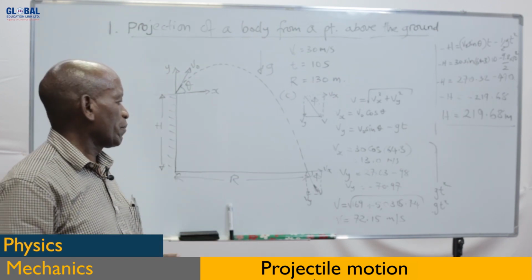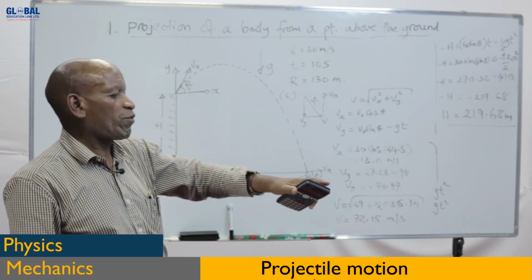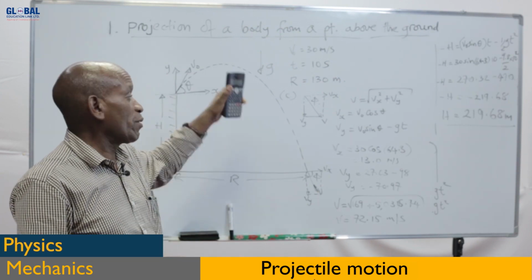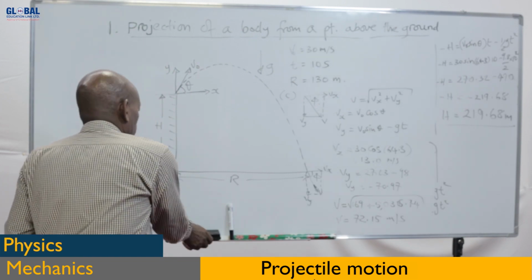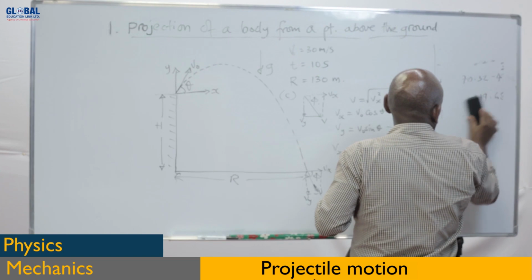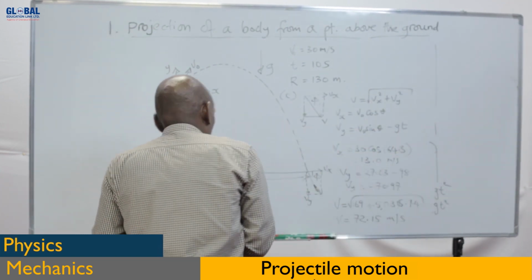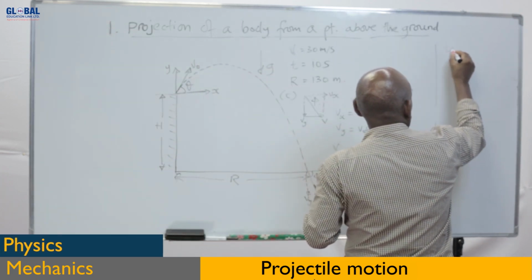So we need now to determine the angle the ball makes to the horizontal at the instant the ball hits the ground. To determine that angle, we need to take the tangent.